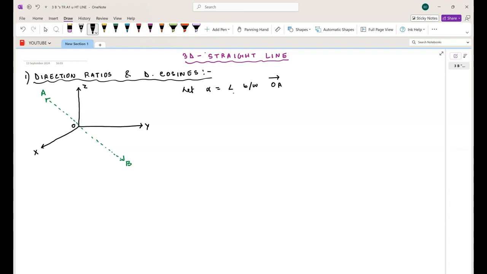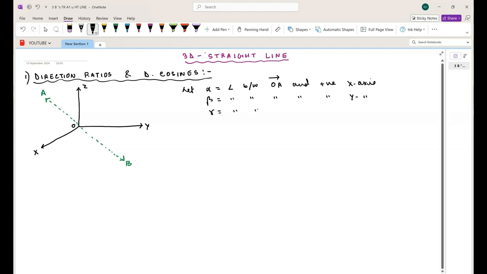Now, alpha be the angle between OA and positive x-axis, beta the angle between OA and positive y-axis, and gamma the angle between OA and positive z-axis.